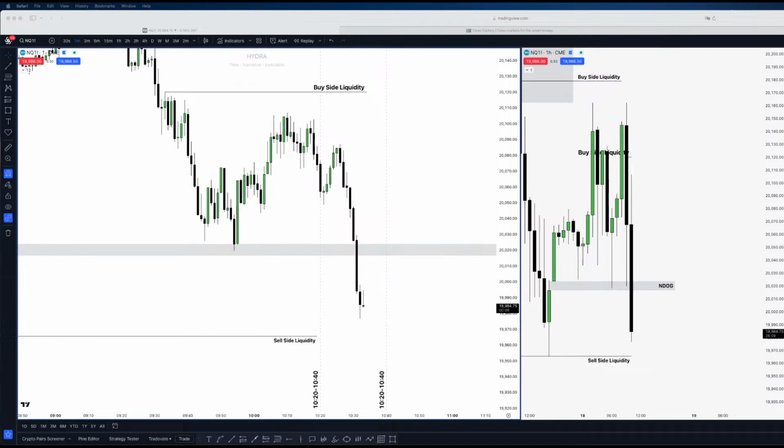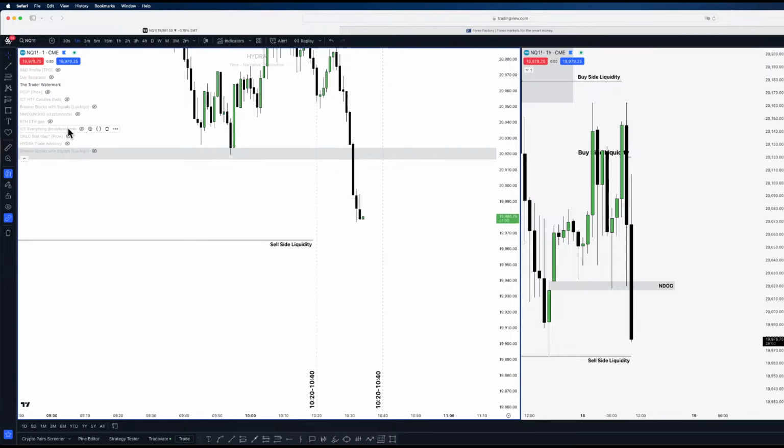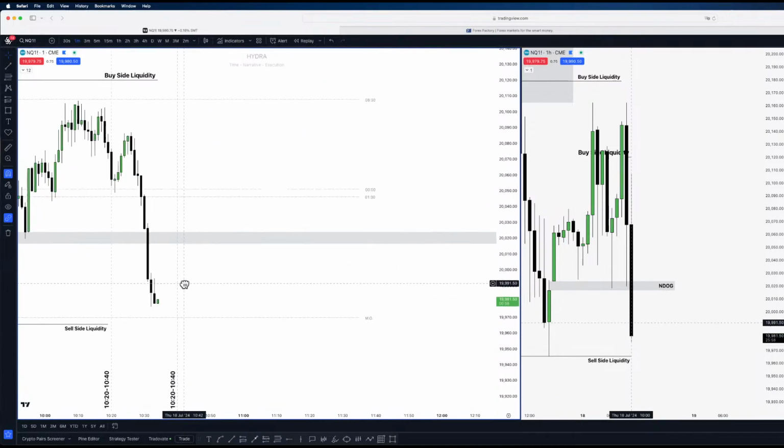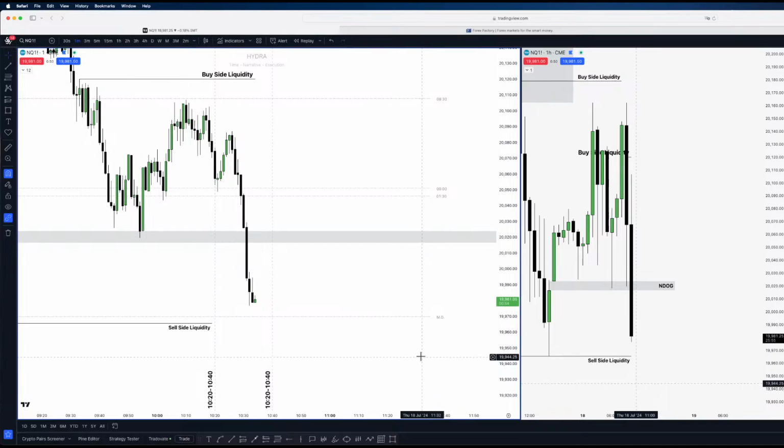And you just hit weekly order block. No, we have weekly opening price here. I think that's our monthly opening price down here. Yeah, that's our monthly opening price. Again, looking for support.